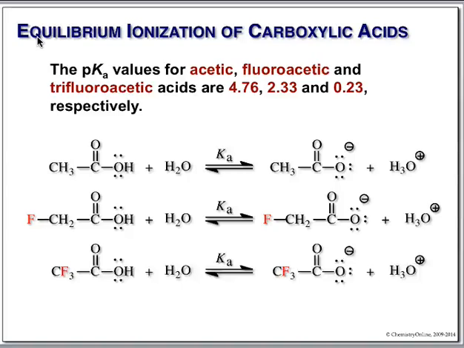Yeah. I was a little confused because I read the book last night, which I'm kind of upset about now, because it was confusing. I didn't quite understand how they were trying to say that if it's more stabilized, it dissociates more or less. If the anion is stable, this equilibrium is going to be shifted towards the anion.